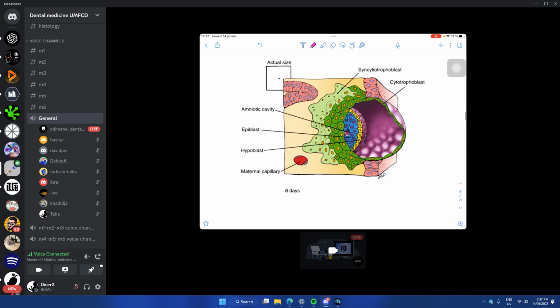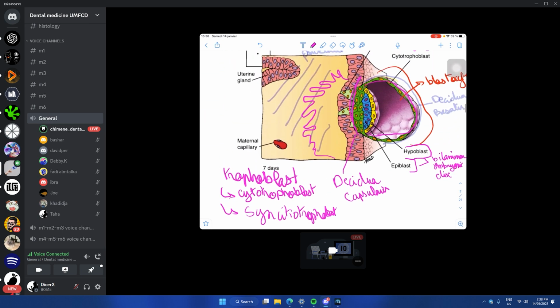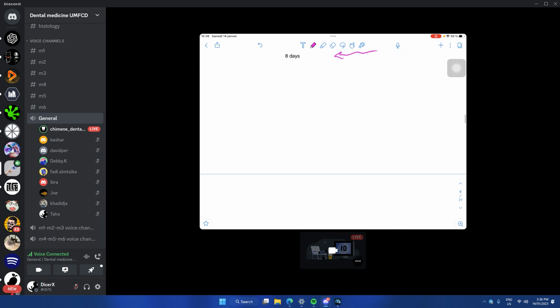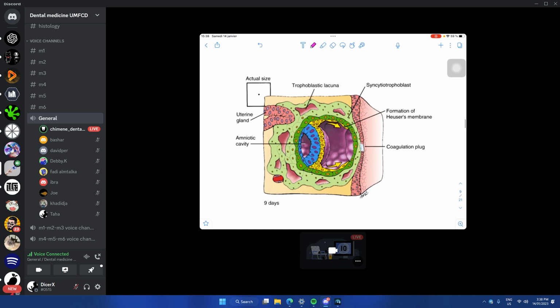You can see this is the syncytiotrophoblast. As the syncytiotrophoblast grows into the endometrium, the blastocyst will implant itself deeply into the endometrium. You can see the main difference between these two pictures: the blastocyst has become embedded in the endometrium. By day 9, there will be some spaced cavities here, called lacunae.